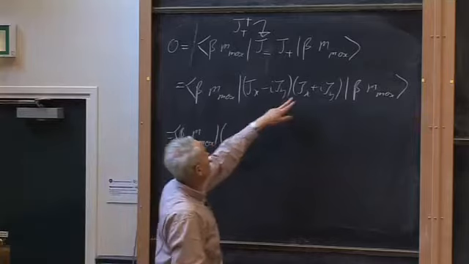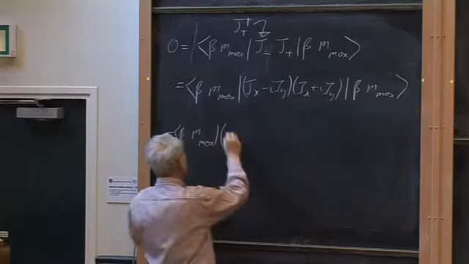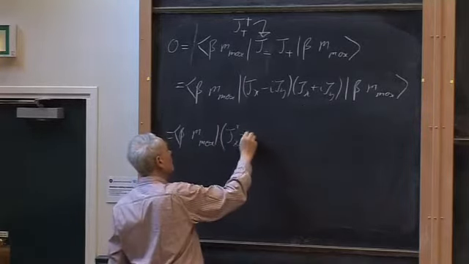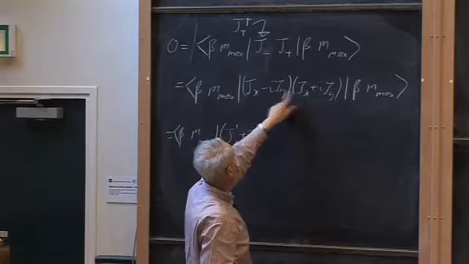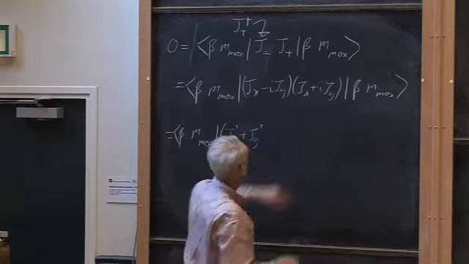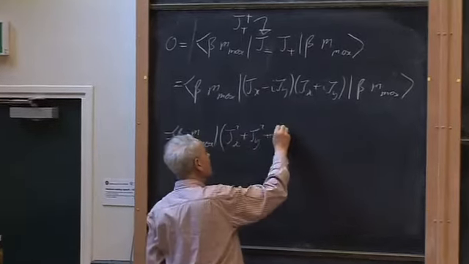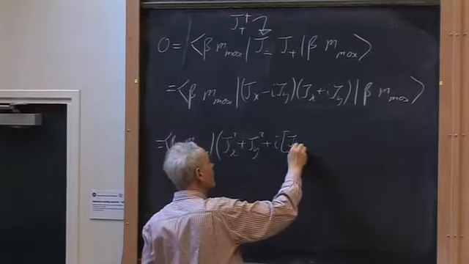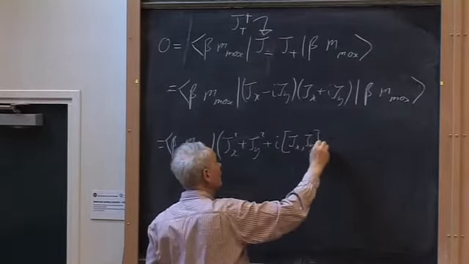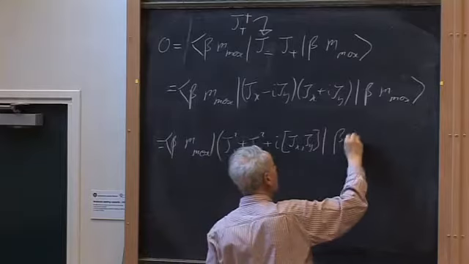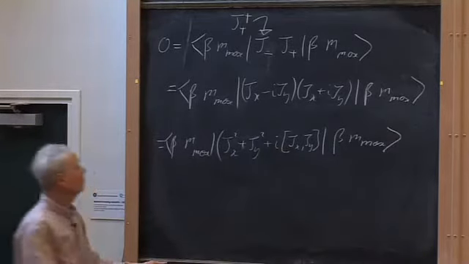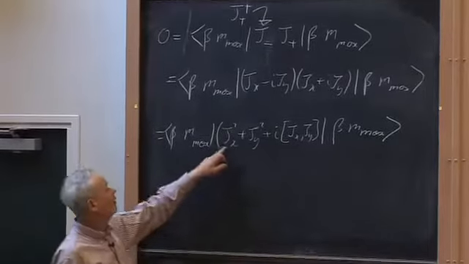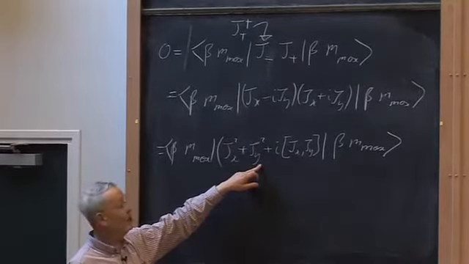And we get jx squared plus jy squared. And then we have a minus i jyx, plus i jxy, so we have plus i commutator jx comma jy. Well, when we've got this much of j squared, we might as well have the whole of j squared.